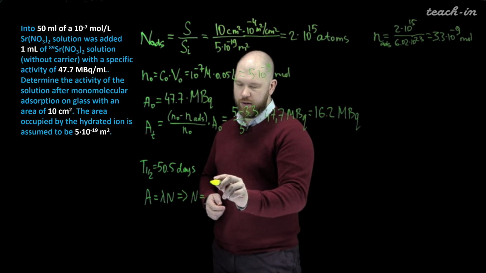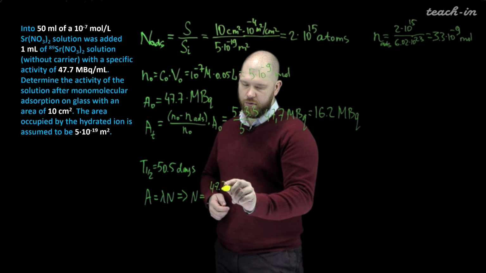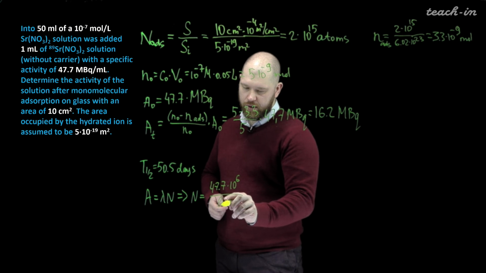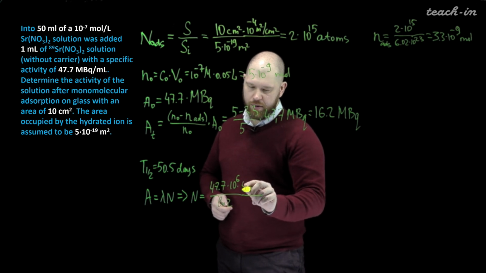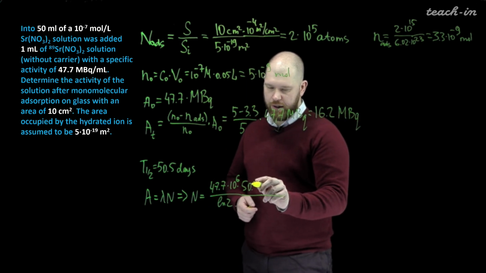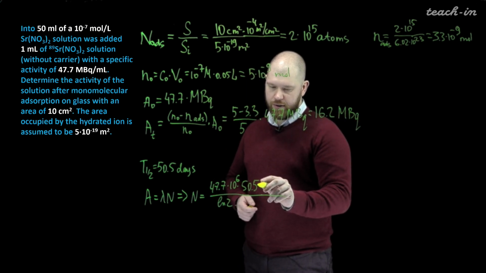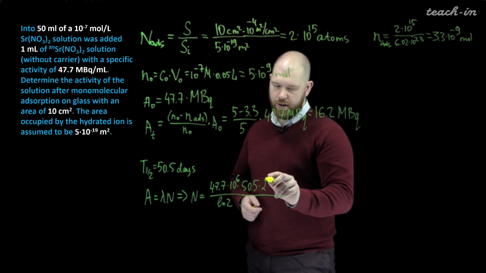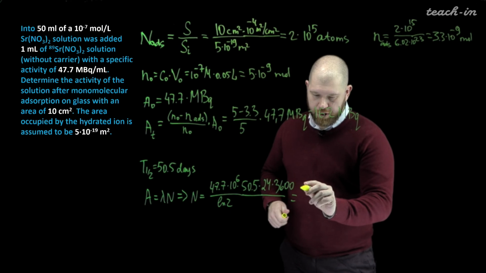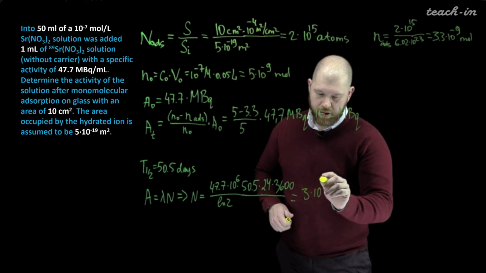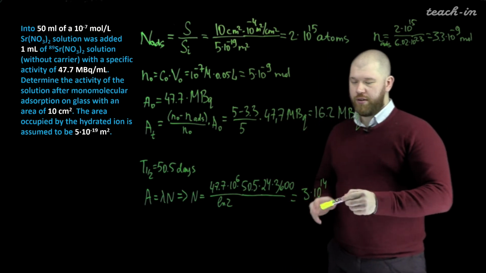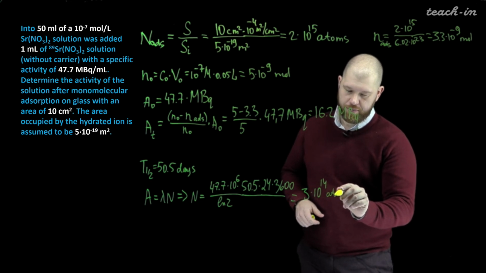So we know the activity, that's 47.7 × 10^6 megabecquerels, divided by logarithm 2 multiplied by the half-life in seconds. So it is days, hours, seconds. So it will be just 3 × 10^14 atoms.